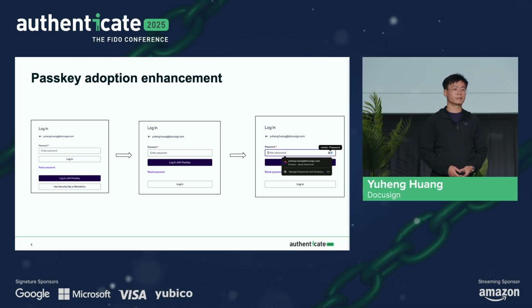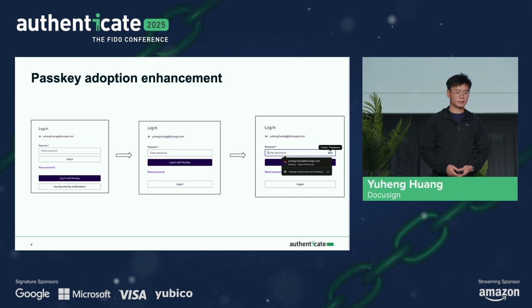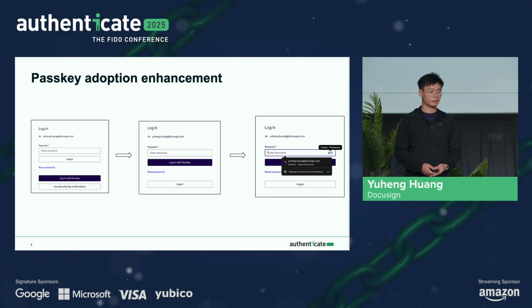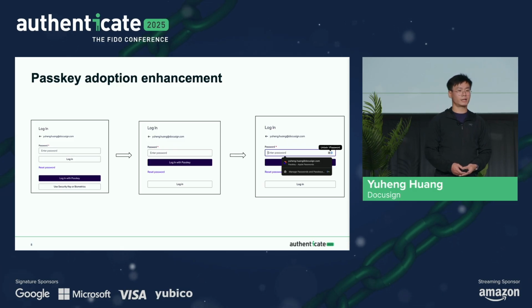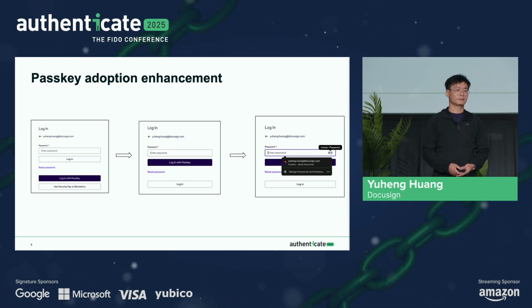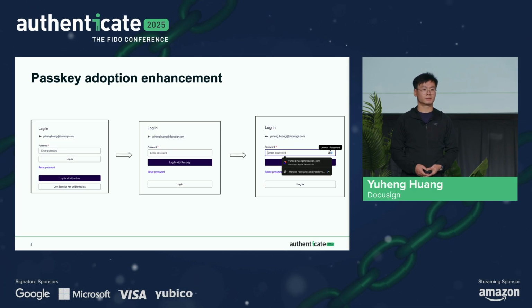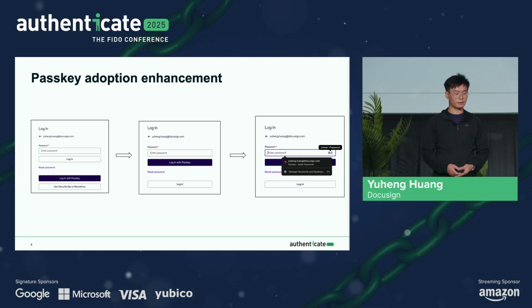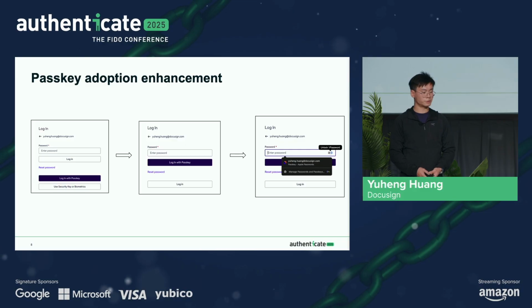This change has already led to a fourfold increase in passkey usage since we made the change. We rolled out this change as of last night, and I'm really excited to see what's coming up. From here, I'll hand over to Dina, who will guide you through our journey to true passwordless.